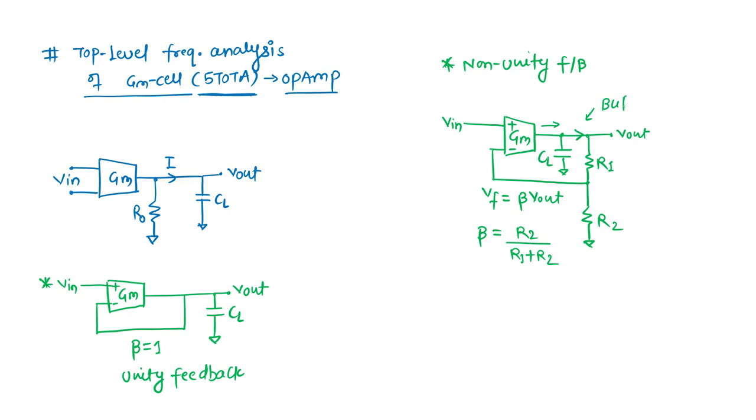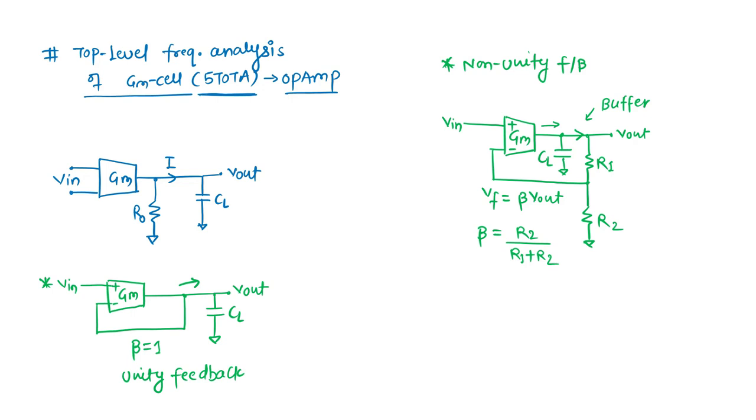We were also concerned about the output impedance of the GM cell, because our expectation was that the complete current generated by the GM cell should go through the CL, so that we can have better integration, or we can say ideal integration. But what is happening due to this feedback network is that this current is also going through this resistor network, the resistor divider network.